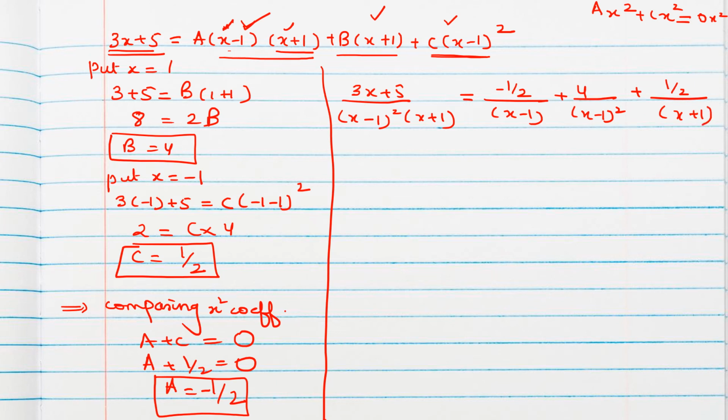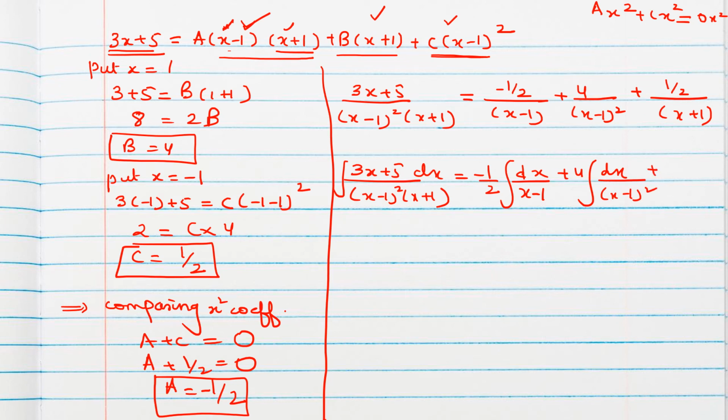Now apply the integral on both sides. So integral of 3x plus 5 divided by x minus 1 square x plus 1 dx, equals minus half we can take common, 1 by x minus 1, plus 4 dx by x minus 1 square, plus half dx by x plus 1. For the first and third integrals, we can write the answer as log of mod x minus 1 and x plus 1. But for the second integral, we can use the power rule because x minus 1 whole square is there. So this is nothing but I.